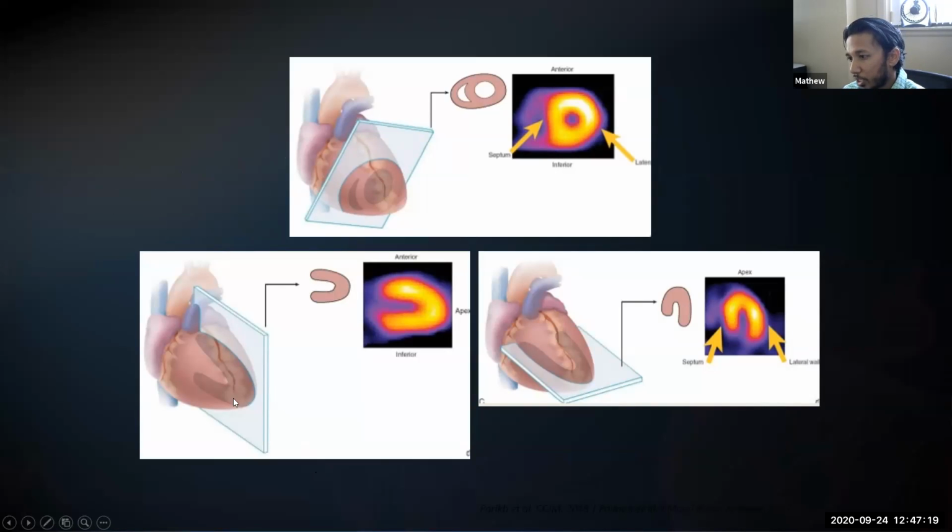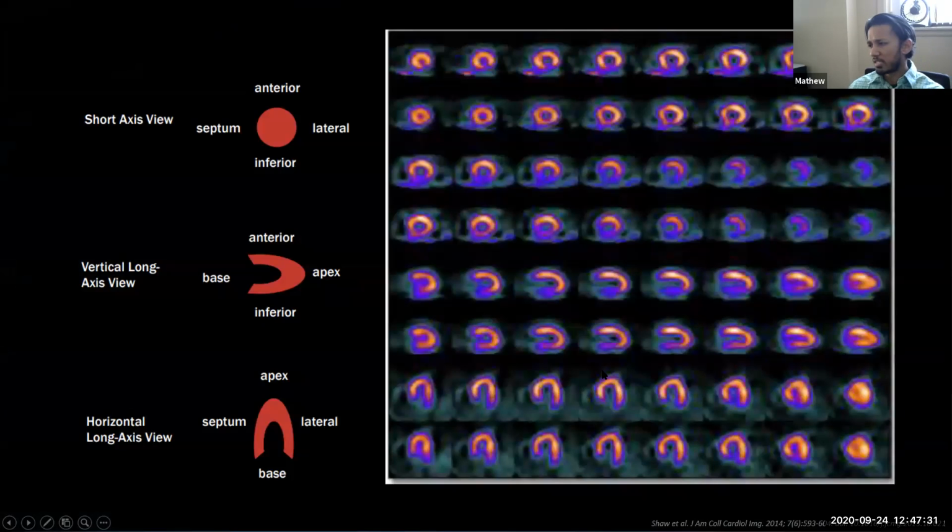If we take a cross section here, which is more like a sagittal cut, then we can see the horseshoe or D view, and then we can see an upside down horseshoe view if we're taking more of a transverse cut. So this is another image that I found very helpful, being able to use a short axis, vertical, and horizontal long axis. Again, just showing you how you can use this imaging to analyze and localize the area of ischemia.